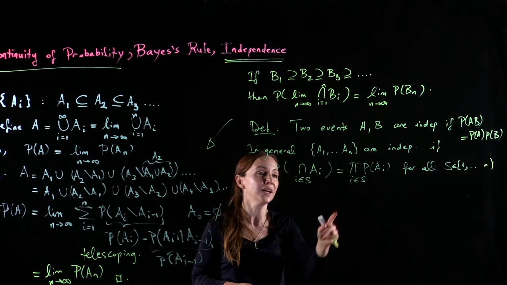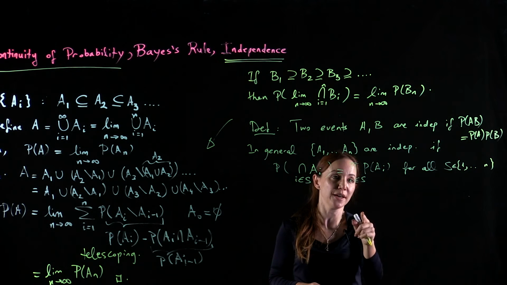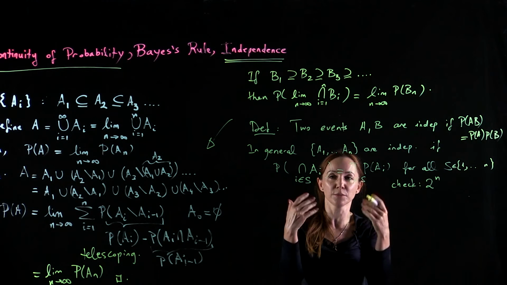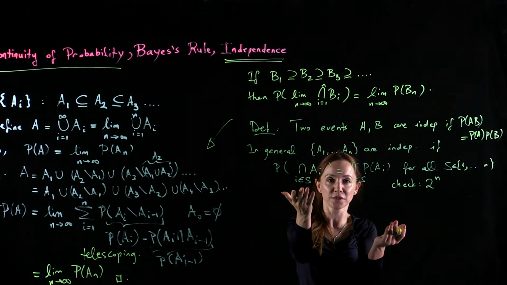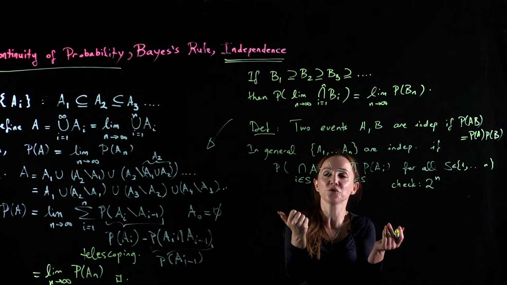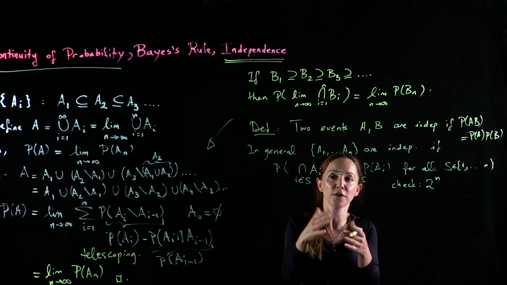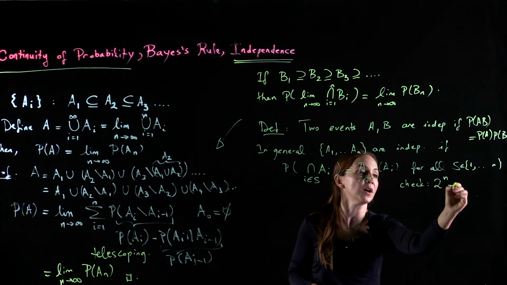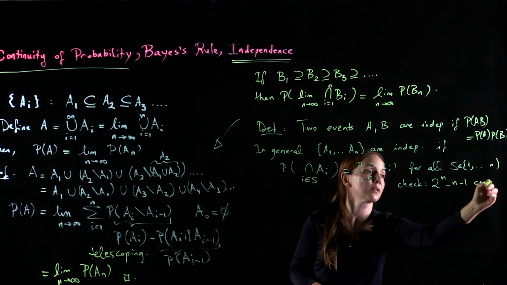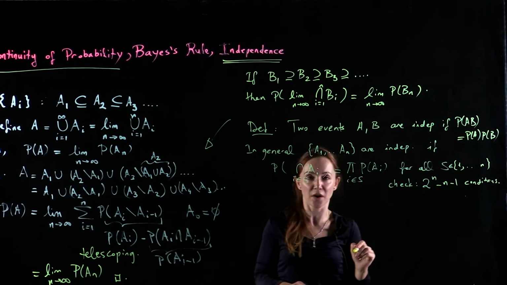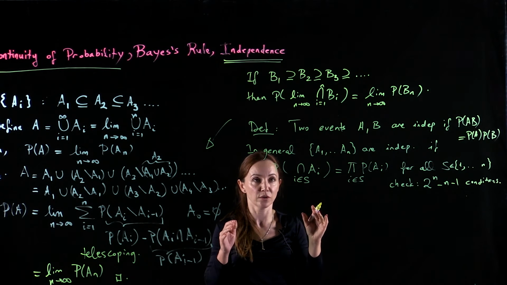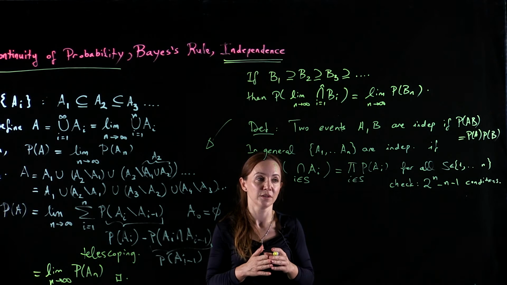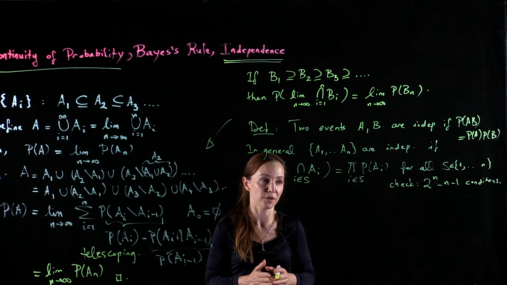Okay, so basically, how many conditions would we have to check here? We would need to check, well, there are 2 to the n possible subsets S, but one of the subsets is empty. There's nothing to check there, and n of the subsets simply have one element. So 2 to the n minus n minus 1 conditions need to be satisfied for n events to be all independent of each other.